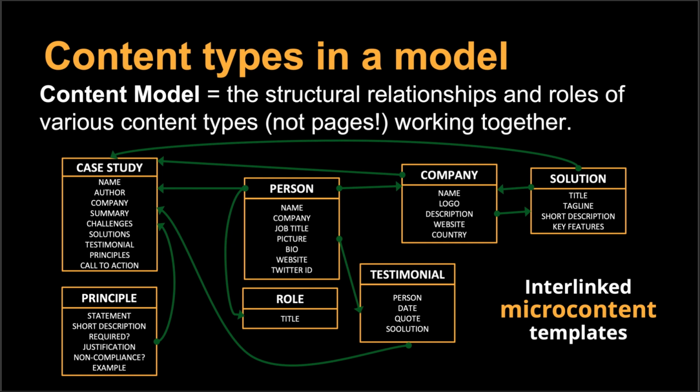So this is a little example for describing case study information or information about projects. And you have things like case studies, you have principles, which are like lessons learned, the people who are involved in the project, their roles, they might have testimonials, the companies involved, the solutions involved, and so on.